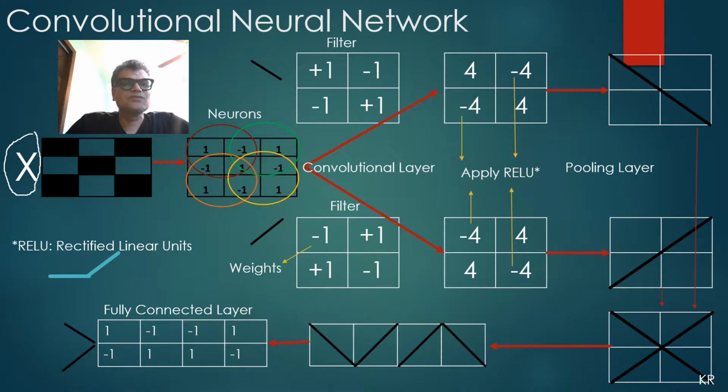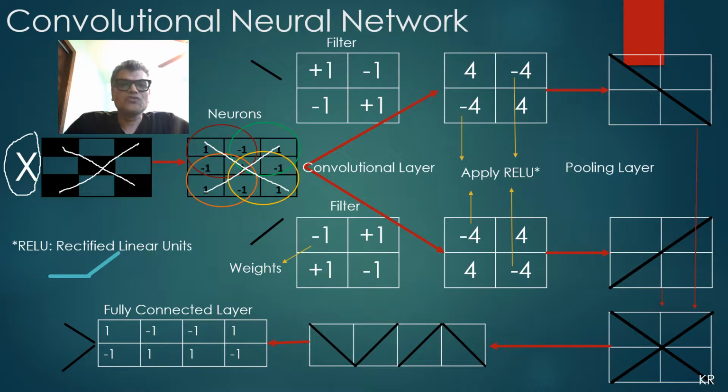Now, this is a pixel representation of what the X might look like, which are essentially these black boxes. And when you convert them into a numerical problem, here you see it is represented by the +1s for the solid black boxes and -1s for the blank boxes.